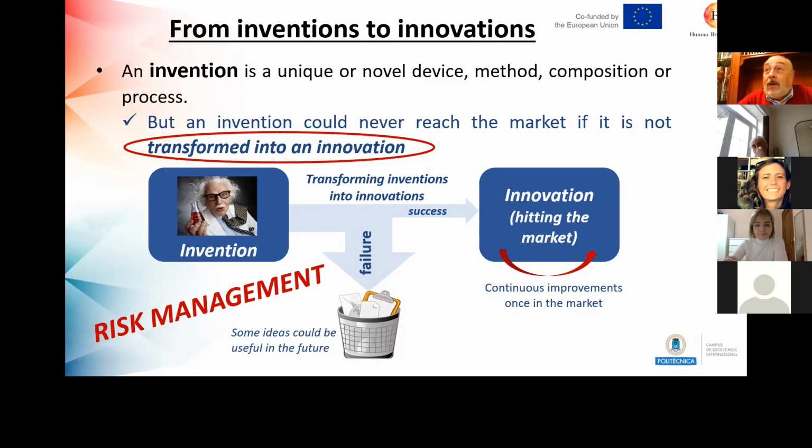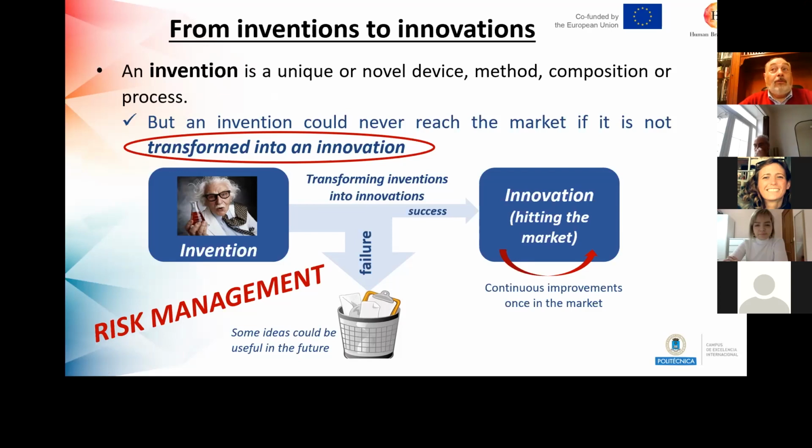And then even in the market, there will also be minor changes, minor improvements over years, over months, when you will have continuous improvement of the products or service once in the market. Here, again, an innovation is something new, but something new in the market. And then you need to consider how to transform these inventions into innovations.